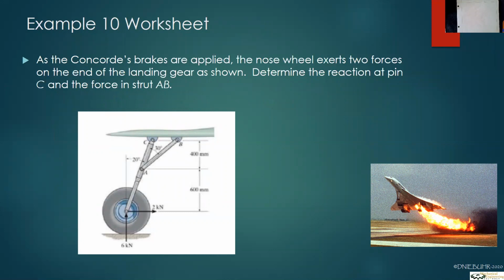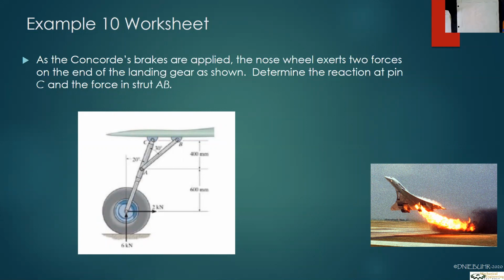And then you have this main strut C, where it's pinned at C. And then you have the strut AB. So AB meets the definition of a two-force member because it's pinned at A, pinned at B, but there's no externally applied force to it. The same can't be said for the longer member that goes from C to A down to the wheel. That has applied forces, therefore it's not a two-force member.